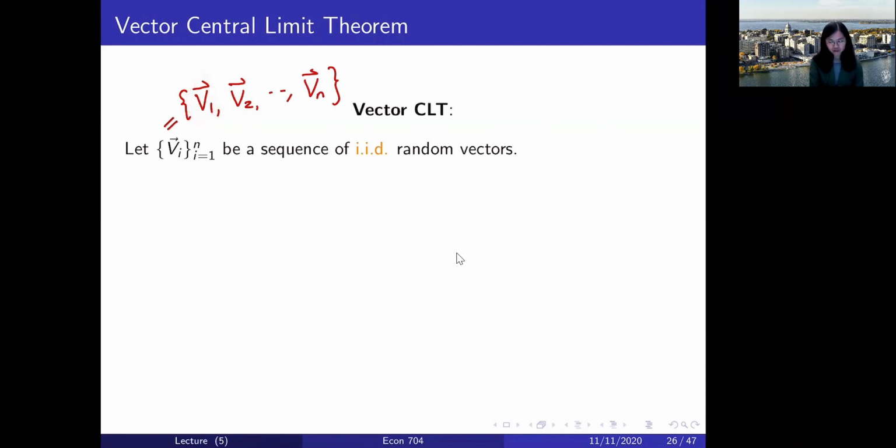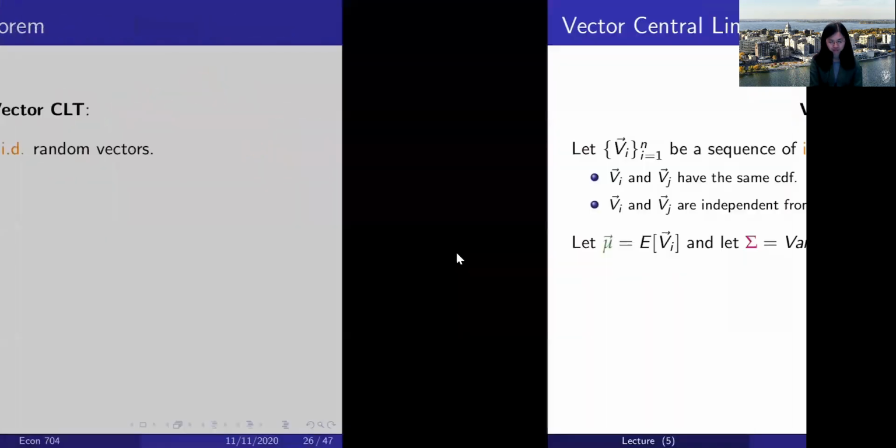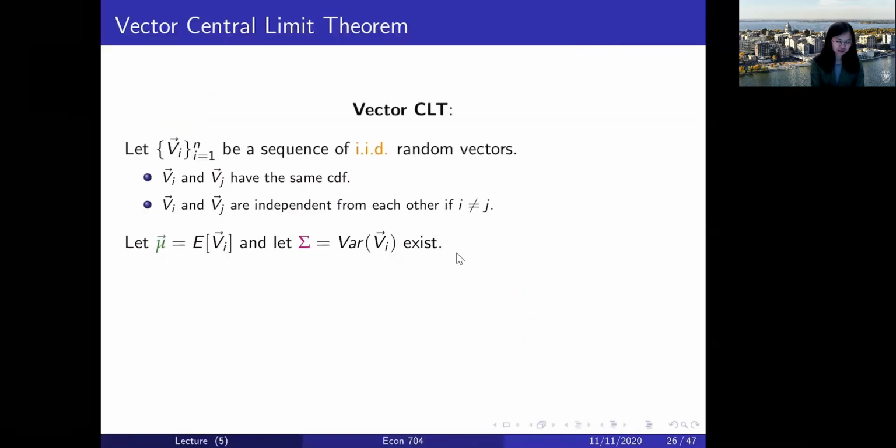So this is a sequence of IID random vectors, which means Vi and Vj have the same CDF, and Vi, Vj are independent from each other when i is not equal to j. So let mu be the expectation of Vi. It doesn't matter which i because they all have the same distribution, therefore the same expectation. And let sigma be the variance covariance matrix, and let the variance covariance matrix exist, meaning that it's finite.